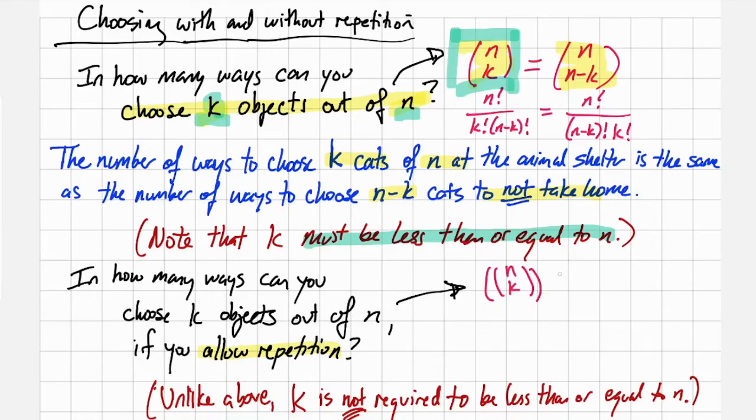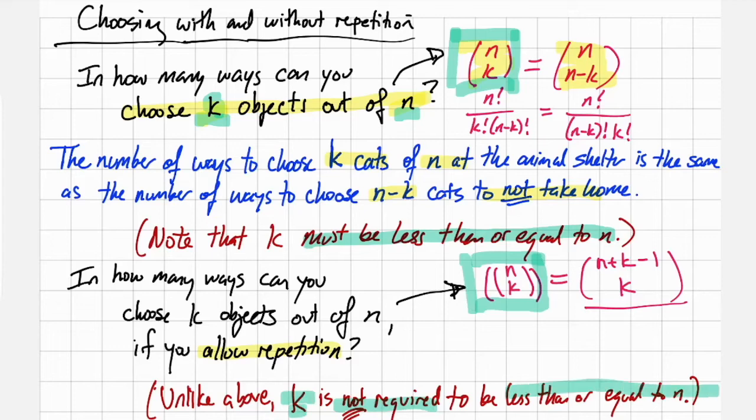Now in the previous video, you saw that n multi-choose k is equal to n plus k minus 1 choose k using the stars and bars argument, which means you can apply the formula for binomial coefficients to get an actual number for n multi-choose k. But do be aware that unlike for binomial coefficients, when you have n multi-choose k, k is not required to be less than or equal to n.